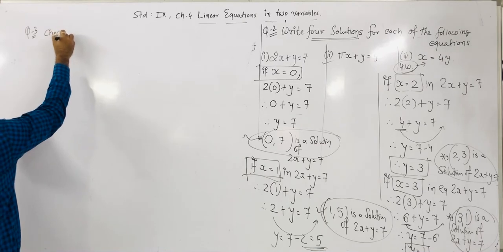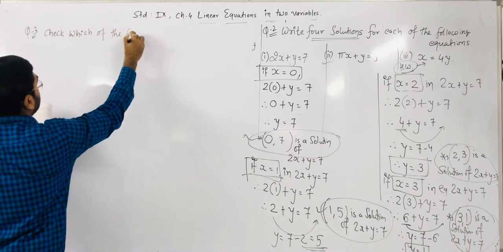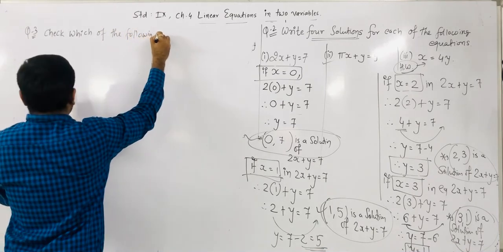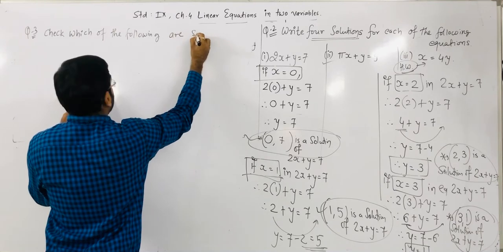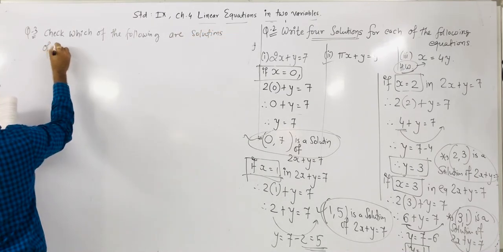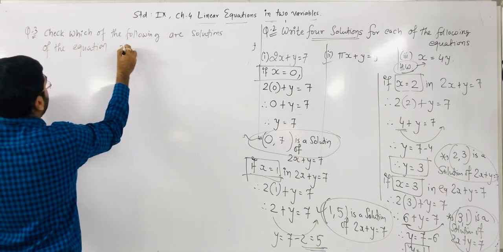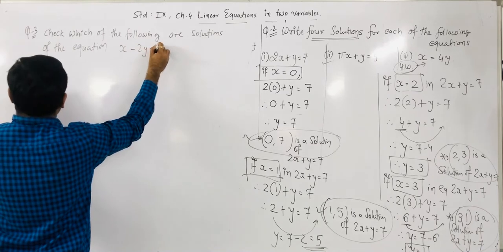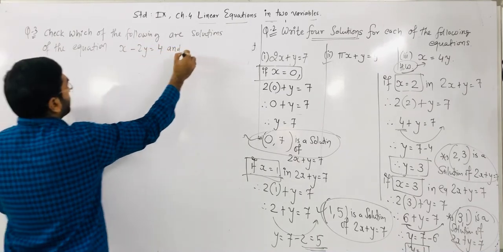Check which of the following are solutions of the equation x minus 2y is equal to 4 and which are not.